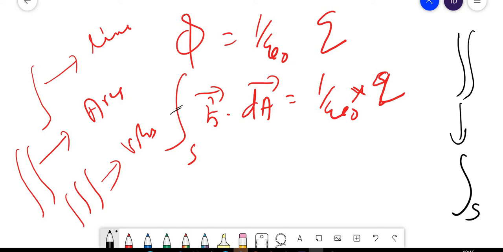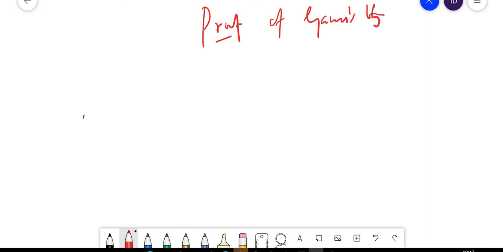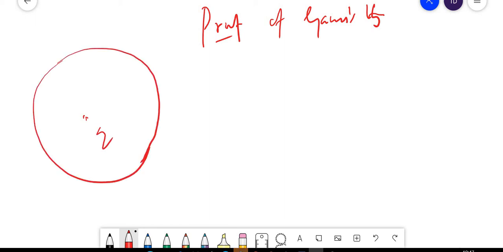Now I am going to give a proof for Gauss's theorem. How can we prove Gauss's theorem? See, you have a charge q, and there is a closed surface. Let's assume a closed surface around this charge q.